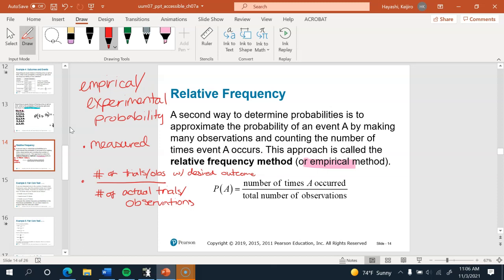So it's also called the relative frequency method because you literally take the frequency of how many times the thing you wanted to happen happened, and place it over the total number of times you tried. So it's similar to the relative frequencies of the relative frequency table from the last unit.